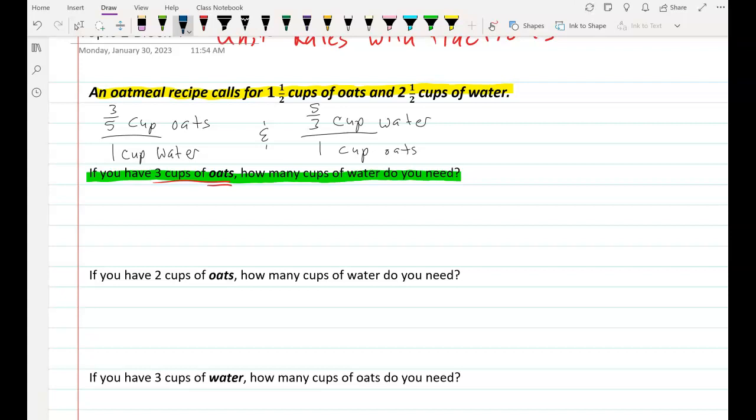We're going to use the one where oats is in the denominator for the 1 cup. So if we have 1 cup of oats, and remember we started with 5/3 cups of water because that's our unit rate, we want to know how much for 3 cups of oats.